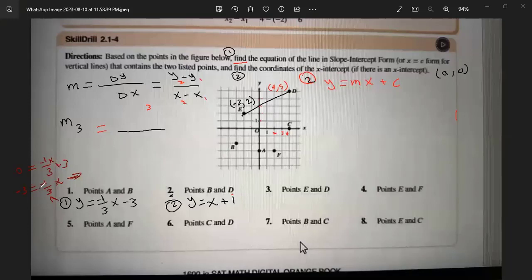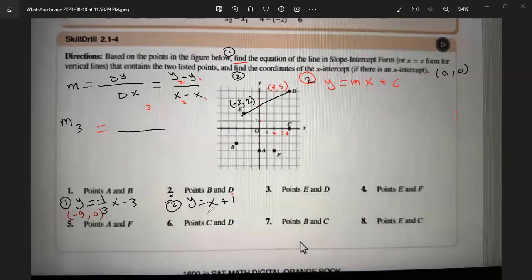Sorry, negative 9, because this is negative 3 and we move it here to be positive 3. So we have to multiply by the reciprocal of negative 3 on both sides. So the point of the x-intercept is negative 9 and 0. Is it clear? Negative 9 and 0 for number 1.